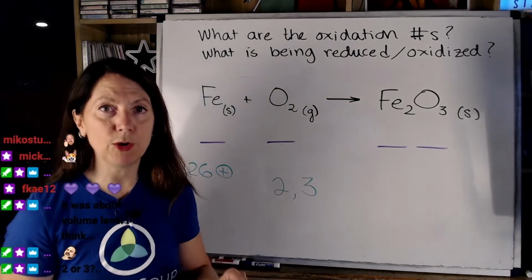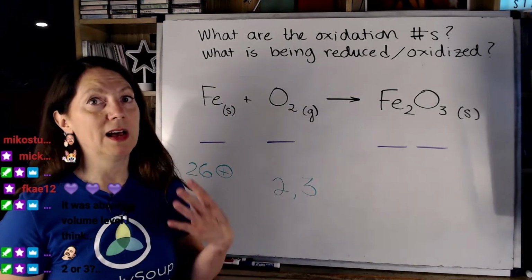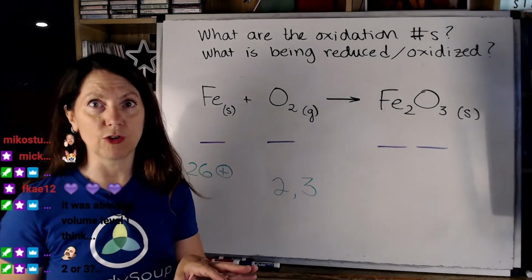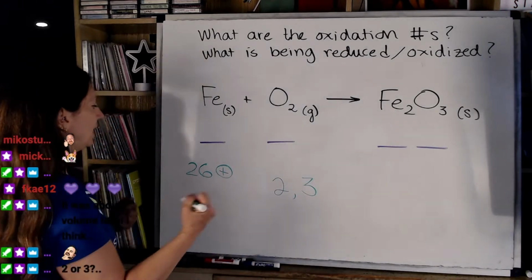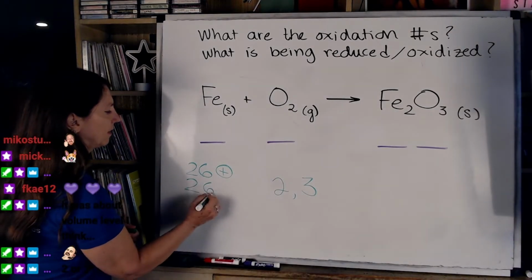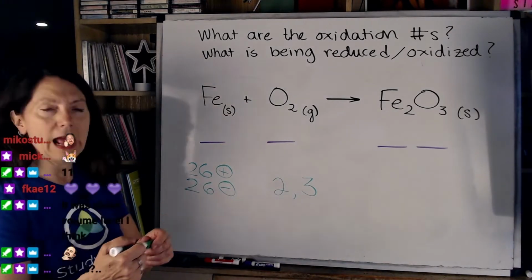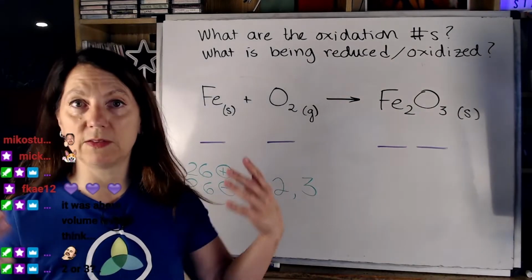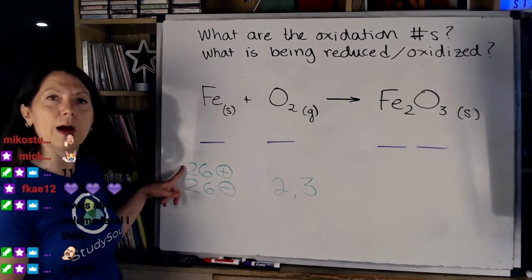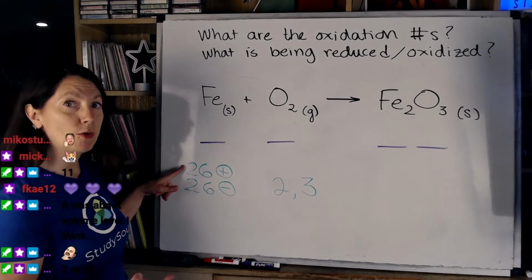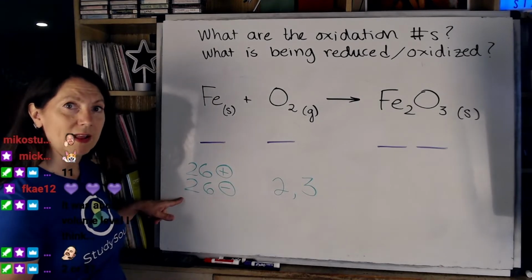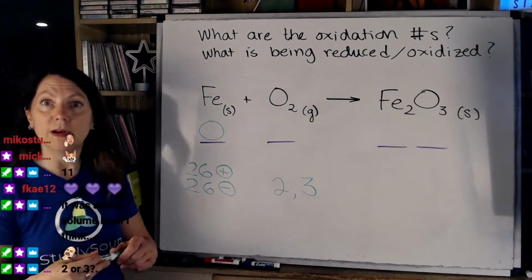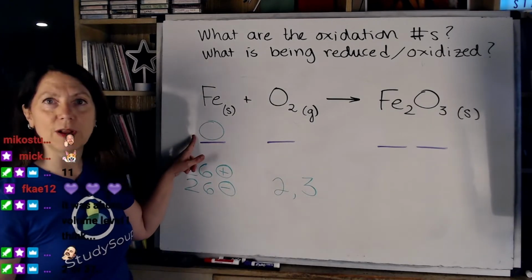And when I say pure elemental iron, that means it's the element itself. That means it's neutral. And that means we have 26 electrons. And so overall, the oxidation number is 0 because we've canceled out the 26 protons and the 26 electrons. And so elemental iron has an oxidation number of 0.